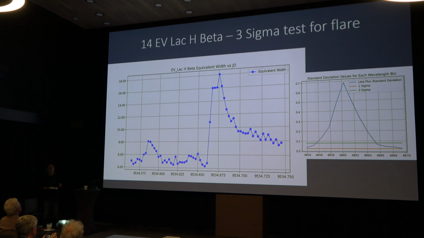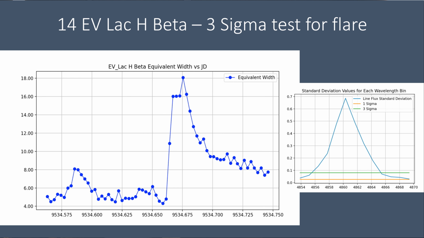So what they did was they devised the hydrogen beta 3 sigma test for a flare. The way it works is there are plots. These are plots of hydrogen beta from SpectraStats showing a very obvious flare, using equivalent width versus Julian date.